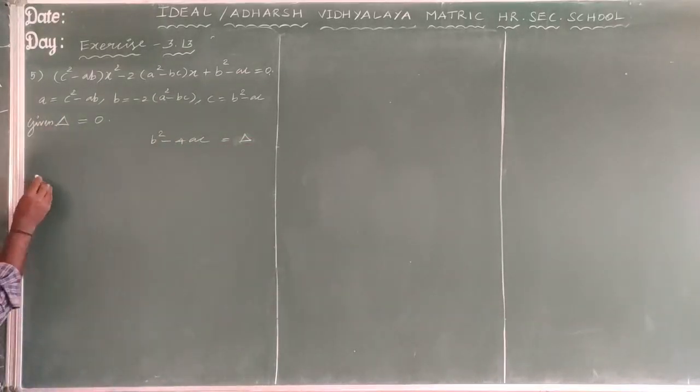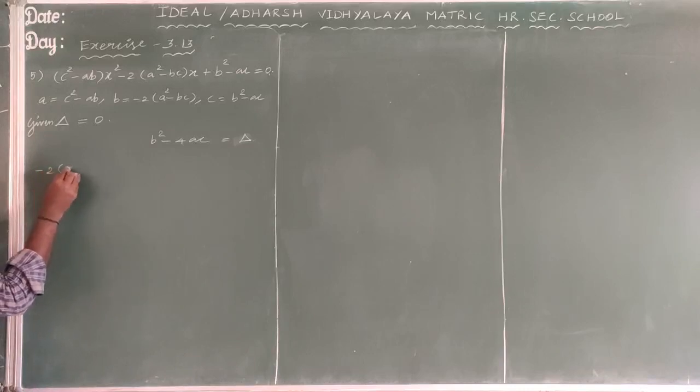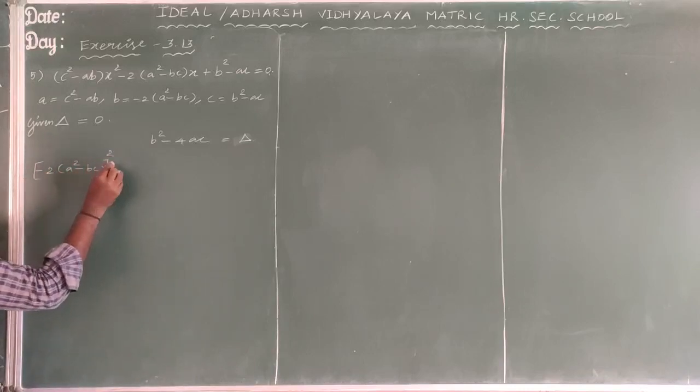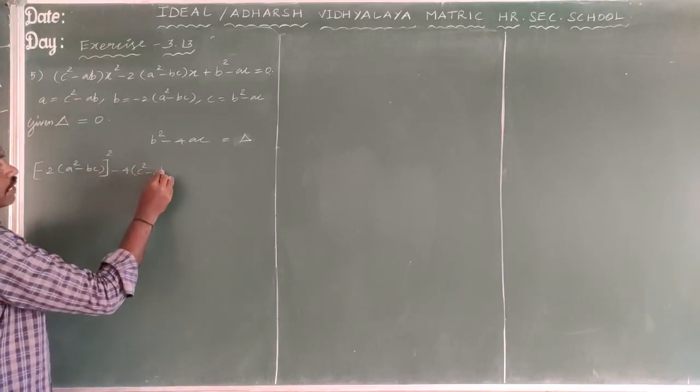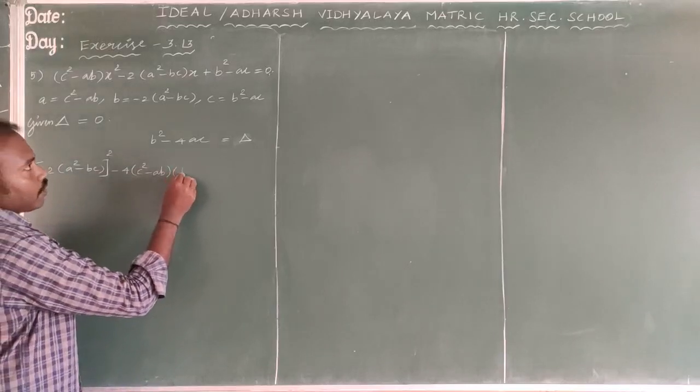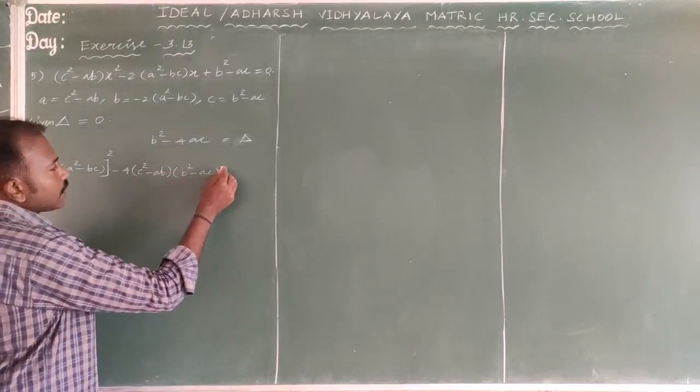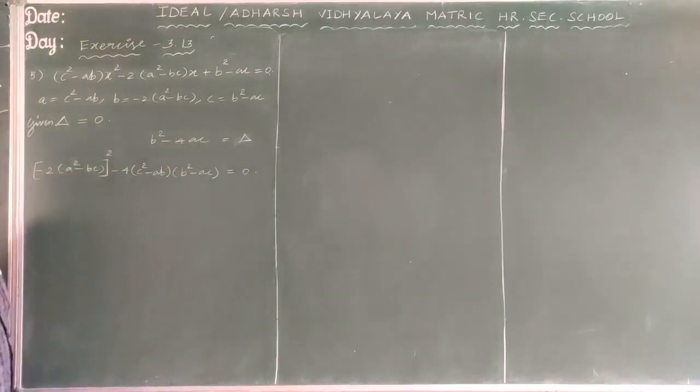Here b square minus 4ac gives: minus 2 into (a square minus bc) the whole square, minus 4 into (c square minus ab) into (b square minus ac), is equal to 0, because the discriminant is equal to 0.